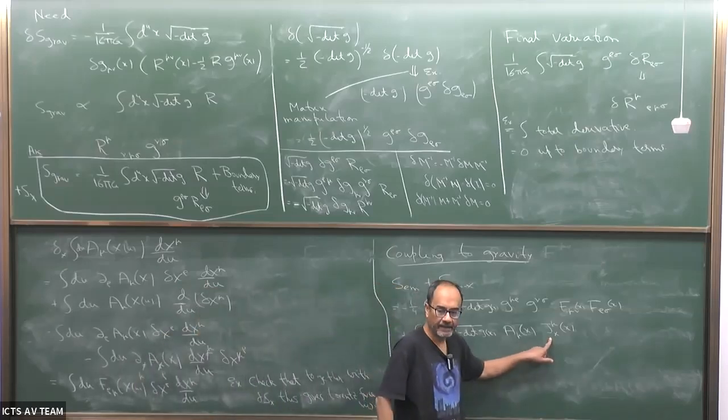This one we had defined earlier. If you remember, the covariant form of J mu we had defined. That's what you have to substitute.